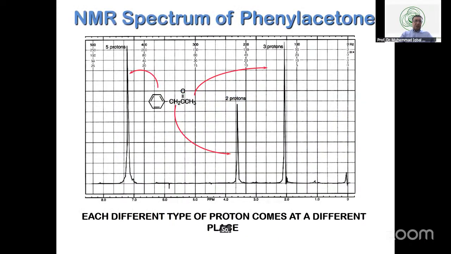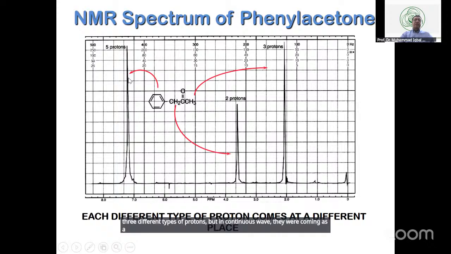So, for instance, if you have a molecule like this, 1, 2, 3 different types of protons. Although you would learn that even this benzyl group, this phenyl group, has 3 different types of protons, in continuous wave they were coming as one signal because sensitivity and resolution were very low.